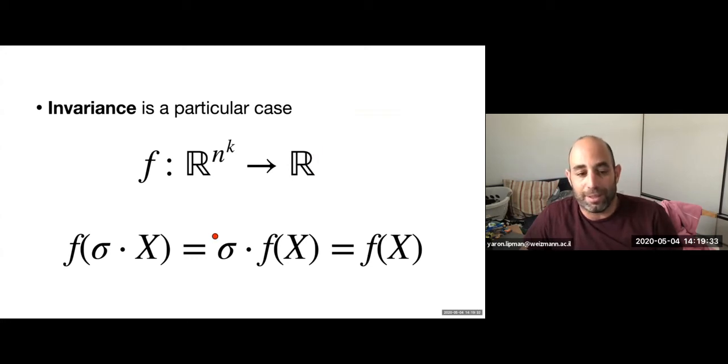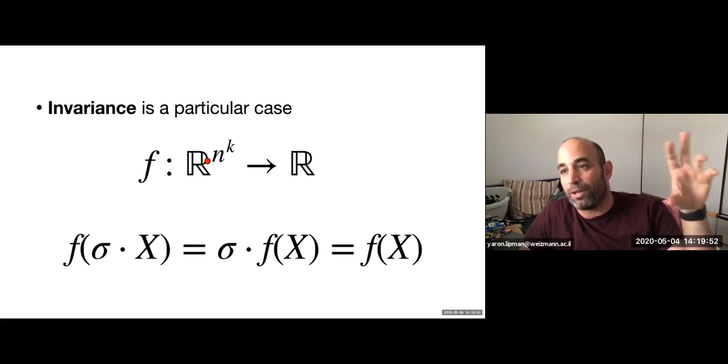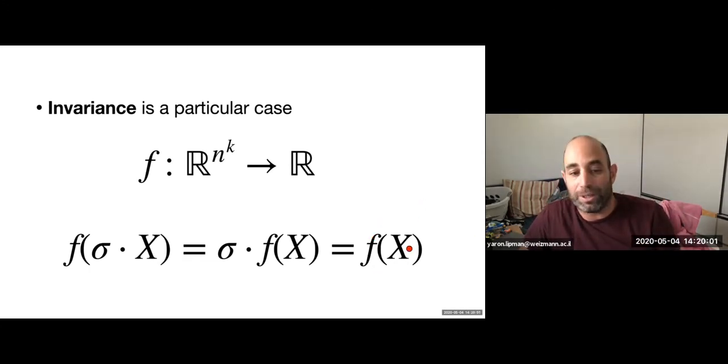In this case, equivariance would mean that sigma acts on all the n dimensions in the tensor, but there are none, so the only representation of sigma would be the identity. So all I'm saying is that if you think about equivariance when you have a function from, let's say, a vector to a number, or a matrix to a scalar number, then equivariance would mean that this function is invariant. Invariant meaning that it will spit out the same result regardless of what representation of your symmetric object is inserted as input.